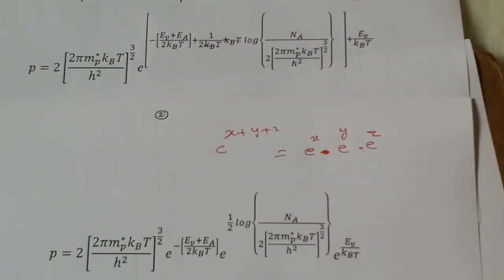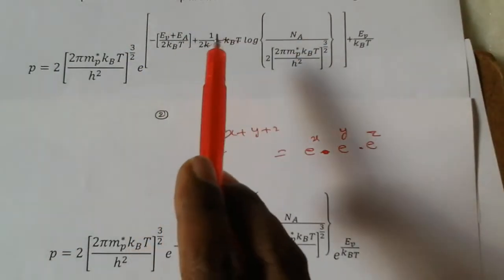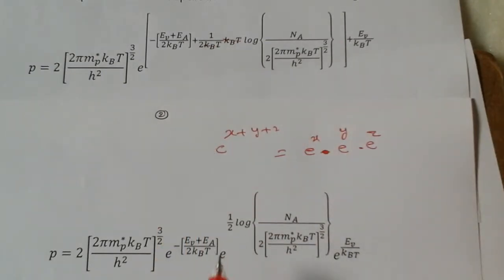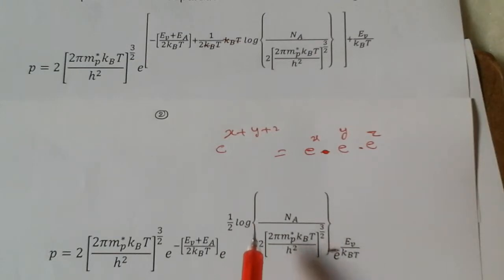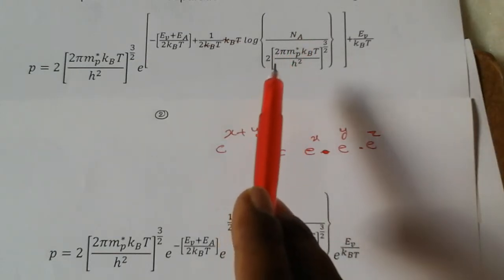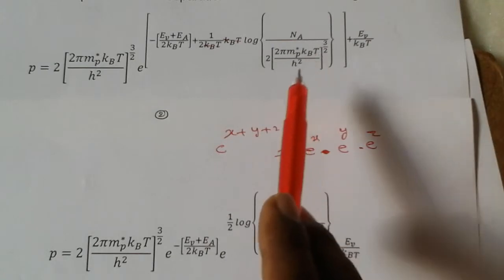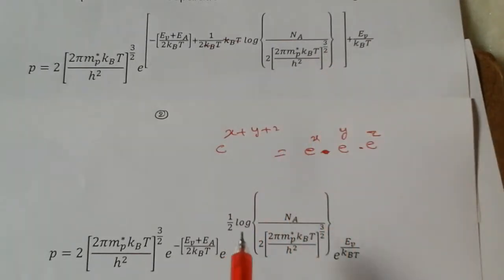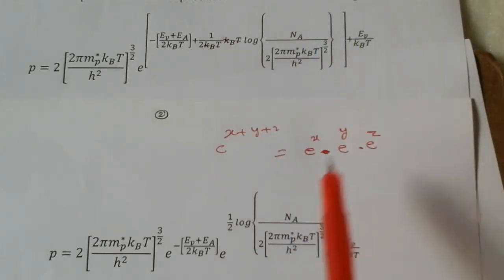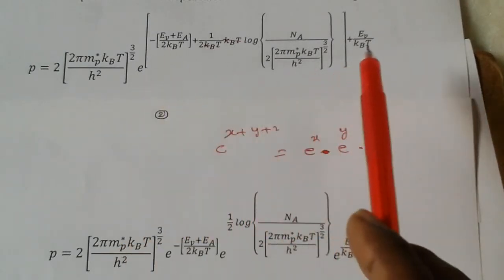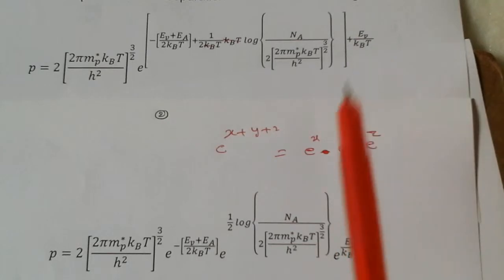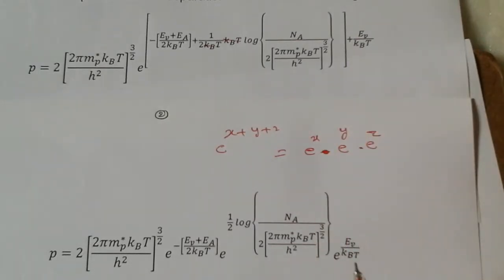So when this KBT gets cancelled, only 1 by 2 remains, e power of 1 by 2 log of NA by 2 into 2 pi MP star KBT by h square whole power 3 by 2. Next, y means this is what is known as z. This z, e power of z means EV by KBT. So e power of EV by KBT.